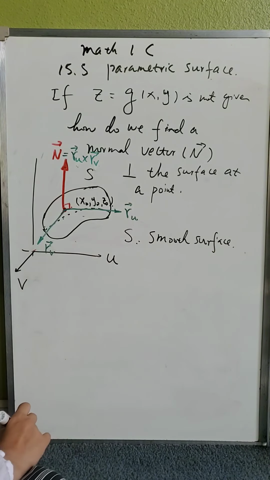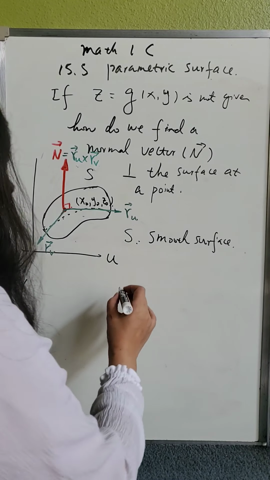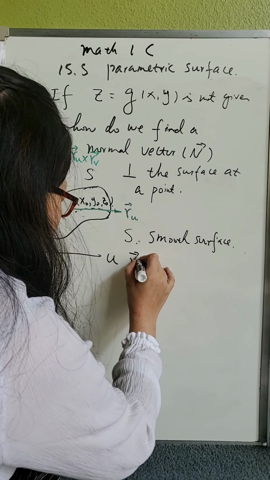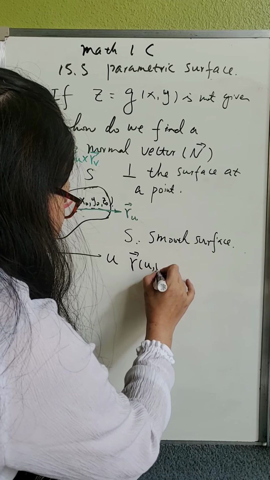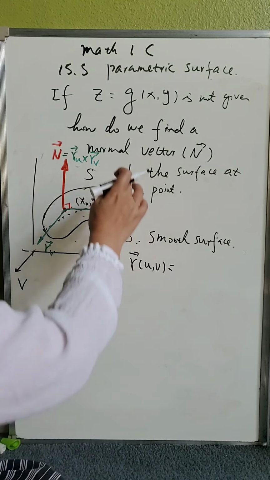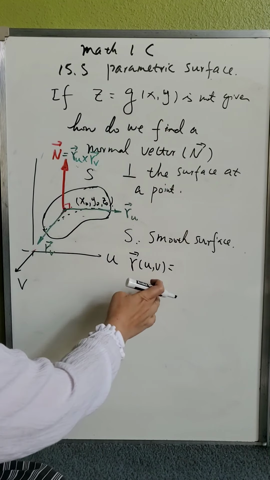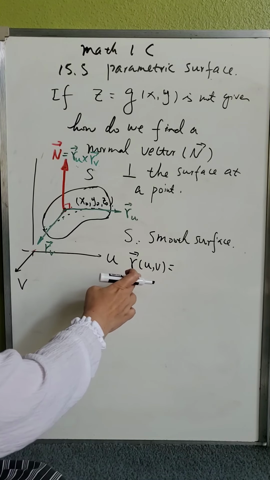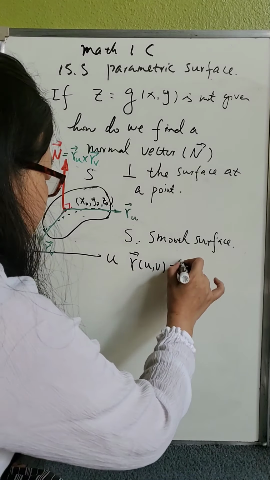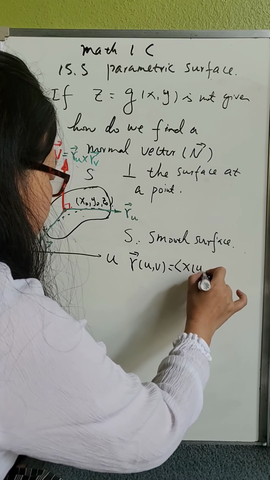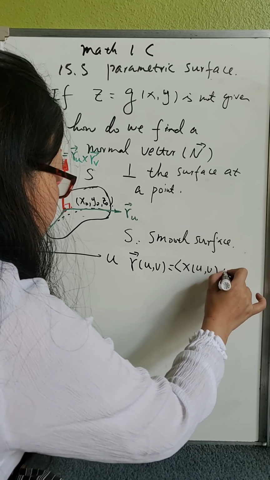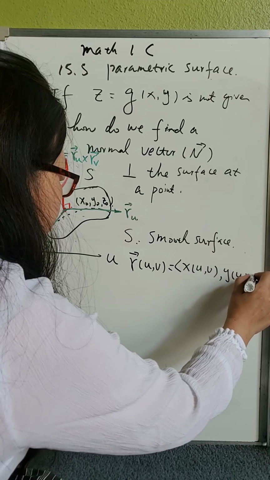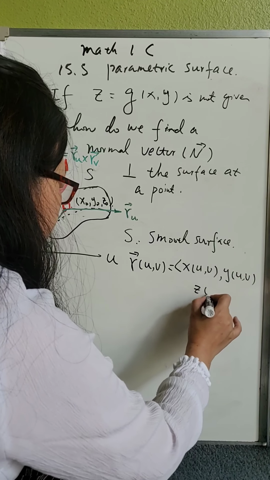And your R(u,v), we're going to use the one I gave you. When this is not given to you, I gave the parametric function that represents it: x(u,v), y(u,v), and then z(u,v).